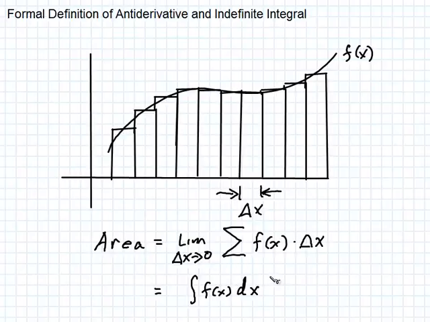Now the amazing thing, which is what we're going to explore later in this chapter, is why the antiderivative is the thing that gives us this area, but it is. So for right now, let's just take it on faith for a few more sections here, that this area is given by the antiderivative of the function.